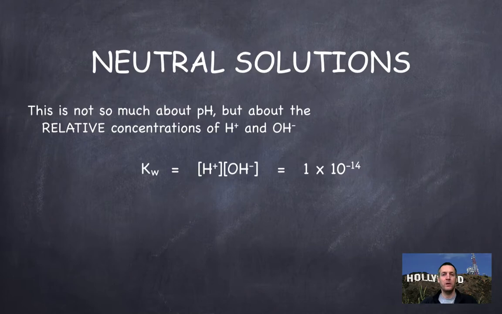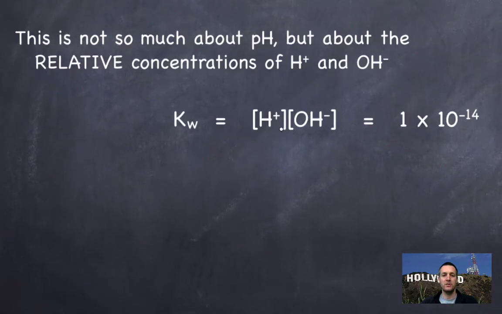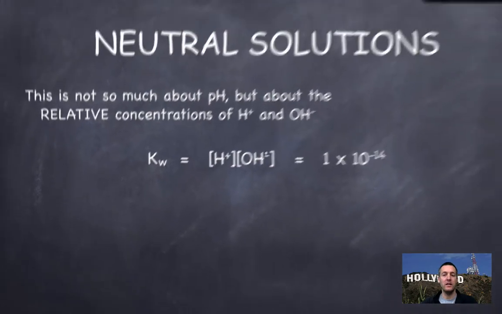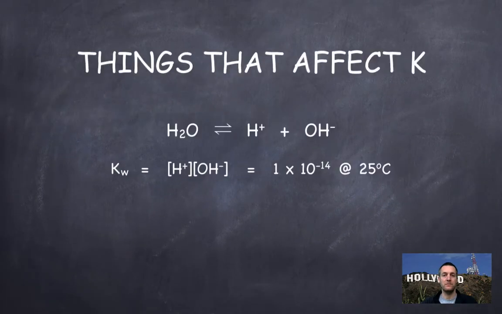But what we need to think about now is that neutrality is less to do with pH and more to do with the relative concentrations of these two ions. So we can define a neutral solution as being one in which the concentration of these two species is the same. Okay, so not necessarily pH 7.